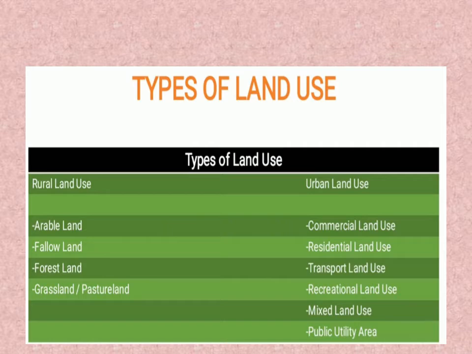In the urban land use, we find commercial land use, residential land use, transport land use, recreational land use, mixed land use, and public utility area.